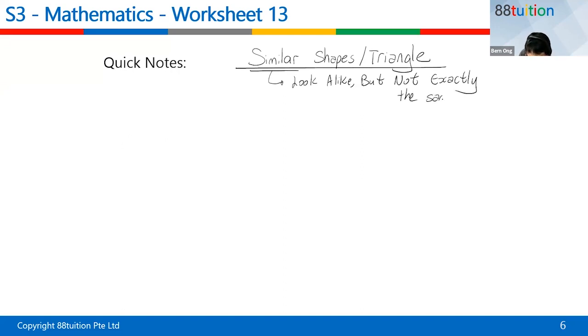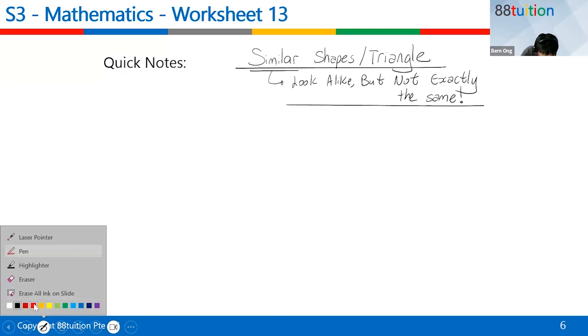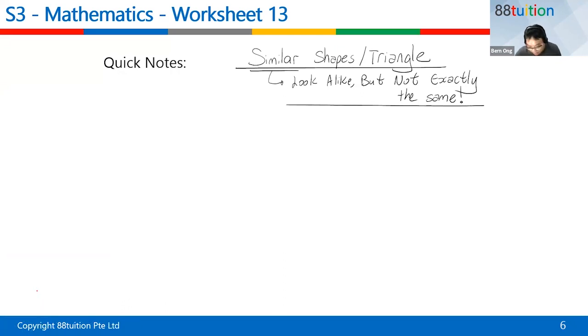So what is the same? Very important for similar, you need to know that angles are the same, angles are equal. And the second thing is the length ratios are equal.